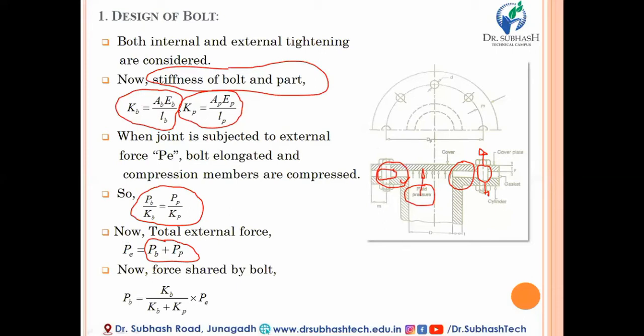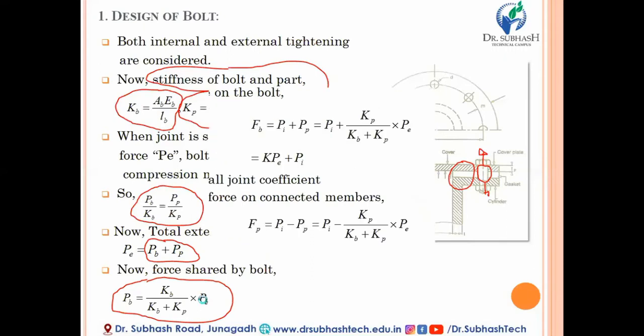Now, once you have the total force, suppose there are 6 or 8 bolts, it is time to evaluate the force equally shared by each bolt. The force shared by a bolt becomes P_B equals K_B upon K_B plus K_P into P_E. That is the force shared by each and every bolt.